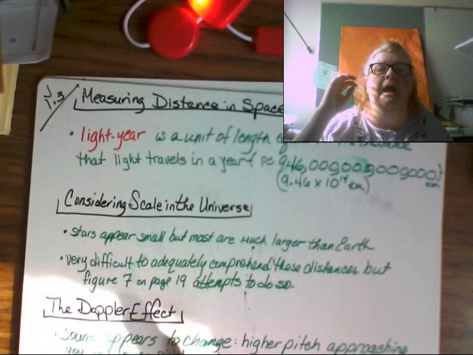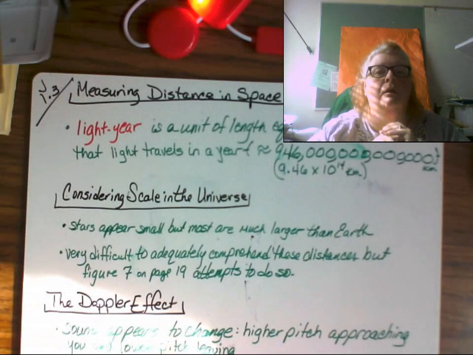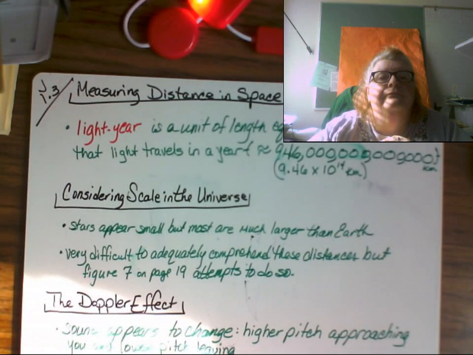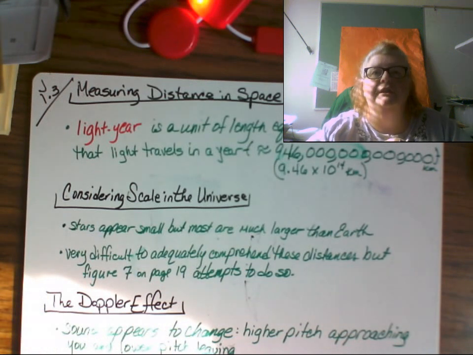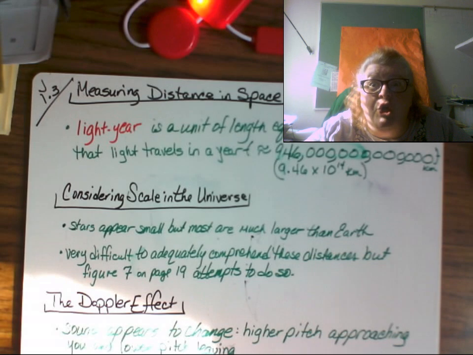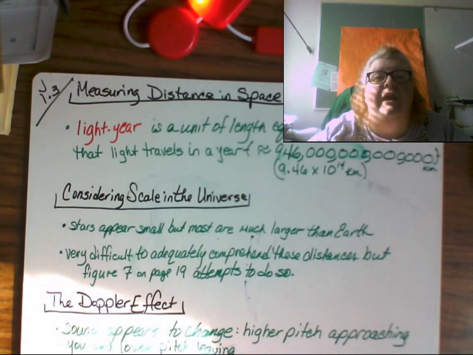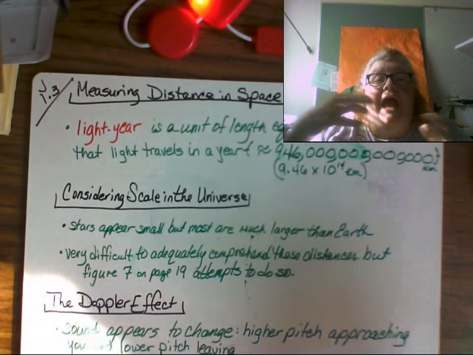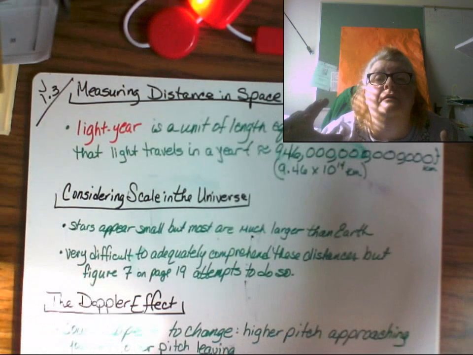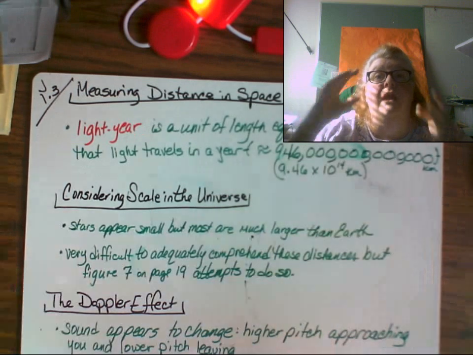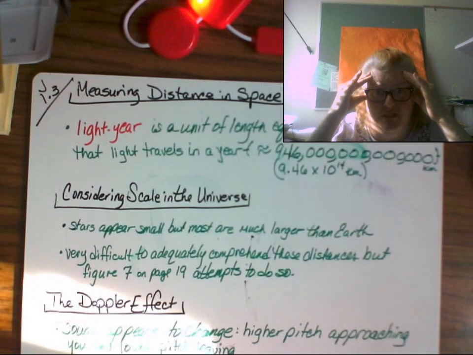Okay? Applied mathematics, people. Now, stars appear small, but stars are actually way more huge than the Earth. Very difficult to adequately comprehend these distances. I mean, our brains really don't think this way.